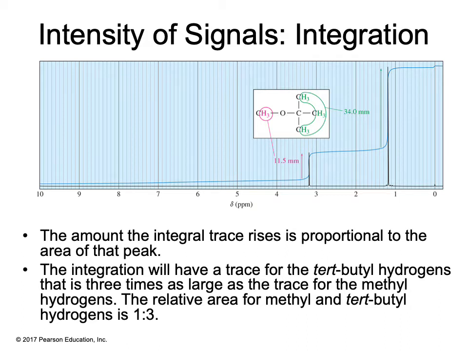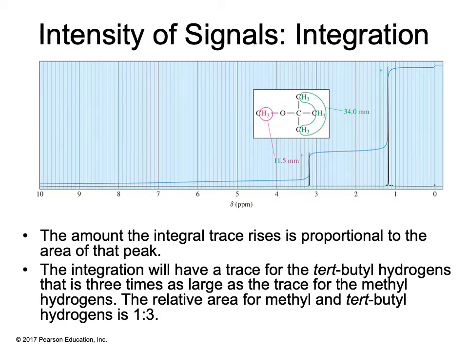And so in our NMR graph, we're going to have a 3-to-1 ratio of green to pink in the height of our peaks. So the intensity, or what we call the integral, is this blue line that looks like an S. And what we basically do, using calculus, is take the area under the curve of your peak and get the integration height. And so you can see that it's a 3-to-1.